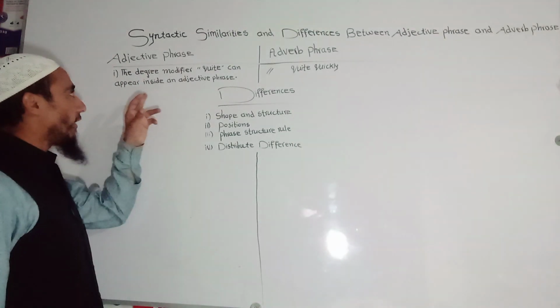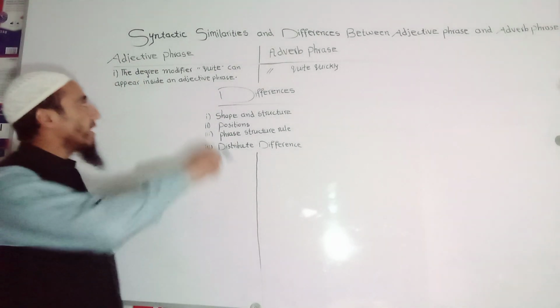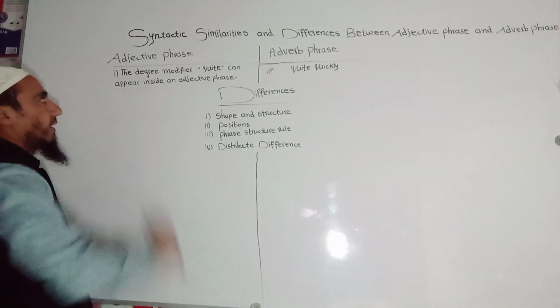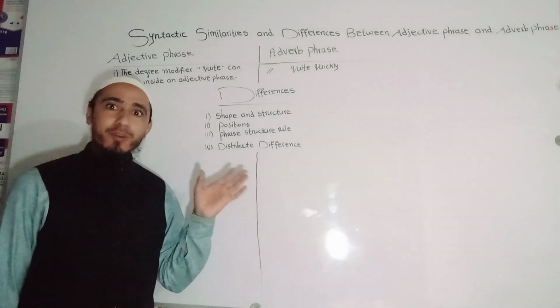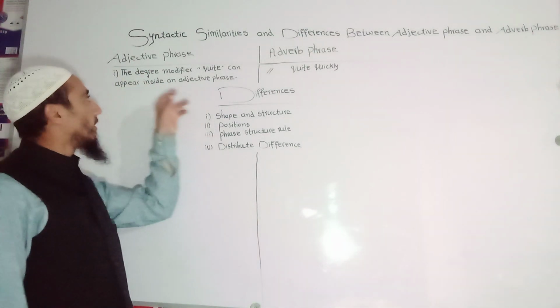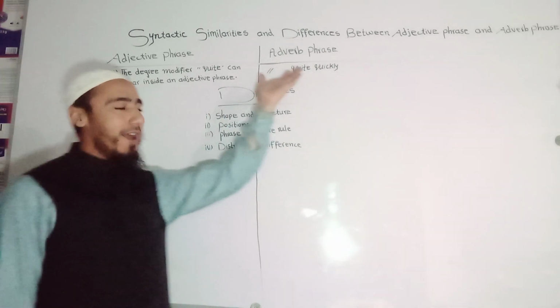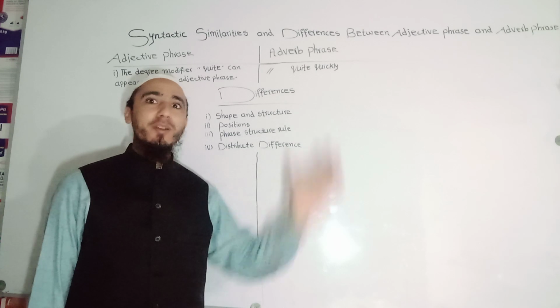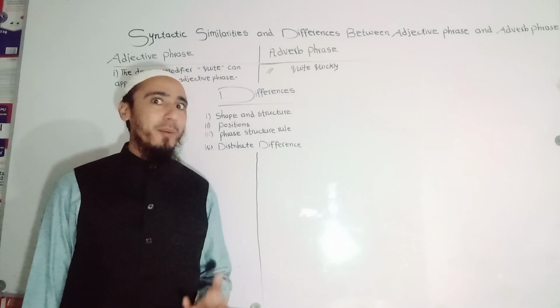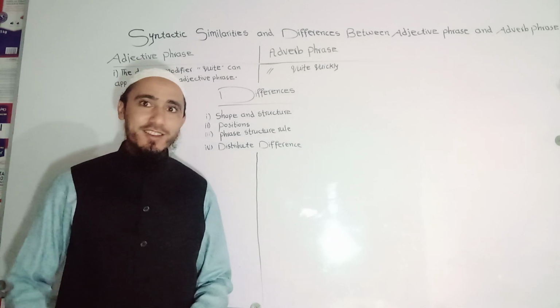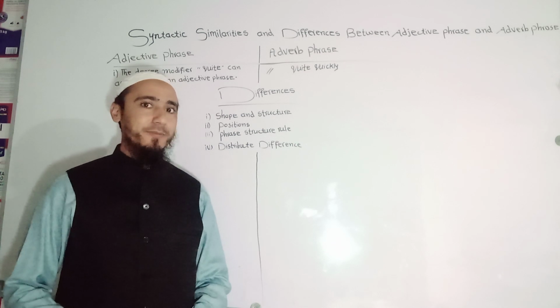Listeners and audience, first of all, when we are talking about the adjective phrase, the degree modifiers can appear inside adjective phrase. On the other hand, the same degree modifier can also appear inside adverb phrase.